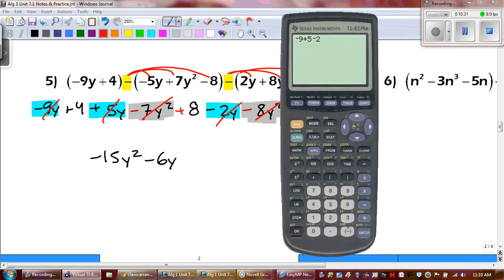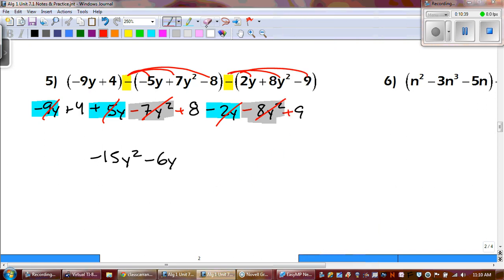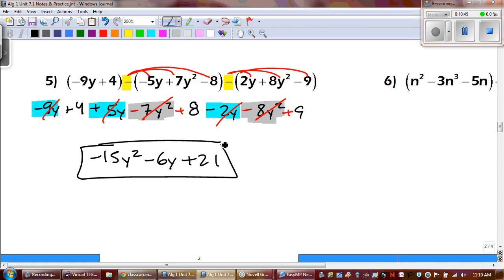Sorry, -9 plus 5 minus 2. There you go, you get -6. So you can get your answers that way. And then the last one, 4 plus 8 plus 9, gives us positive 21. Okay?